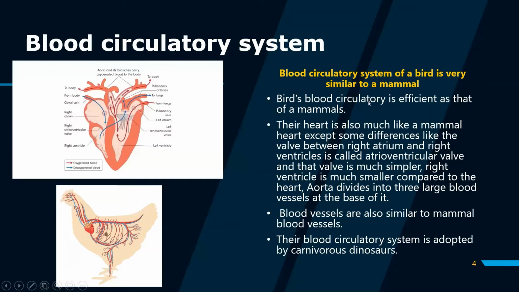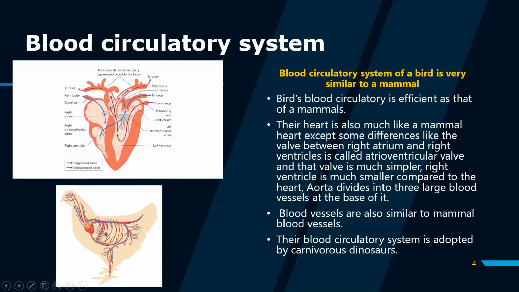All right, the blood circulatory system of a bird is just like that of a mammal. It's very similar, and it's also as efficient as that. The main organ of the blood circulatory system will always be the heart, and a bird's heart is much similar to a human heart, but there are some differences.